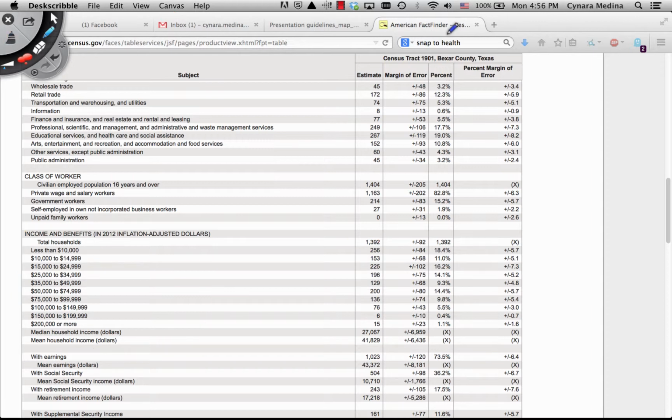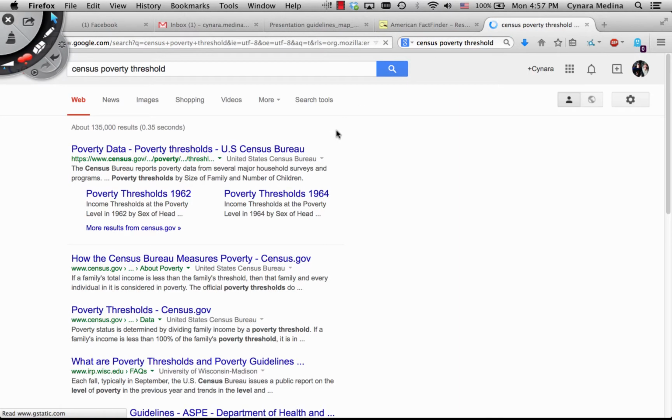So let's look at what you need for that calculation. You need a table that's the income thresholds for poverty. So census poverty threshold.